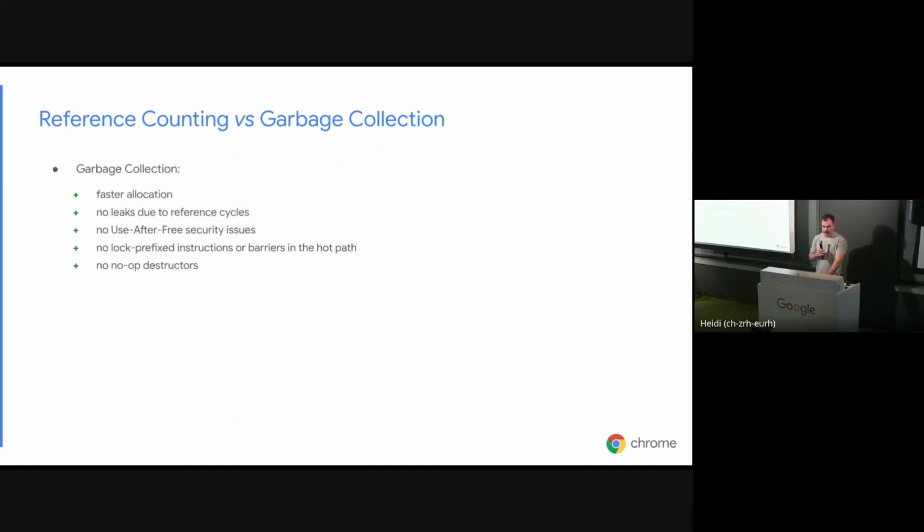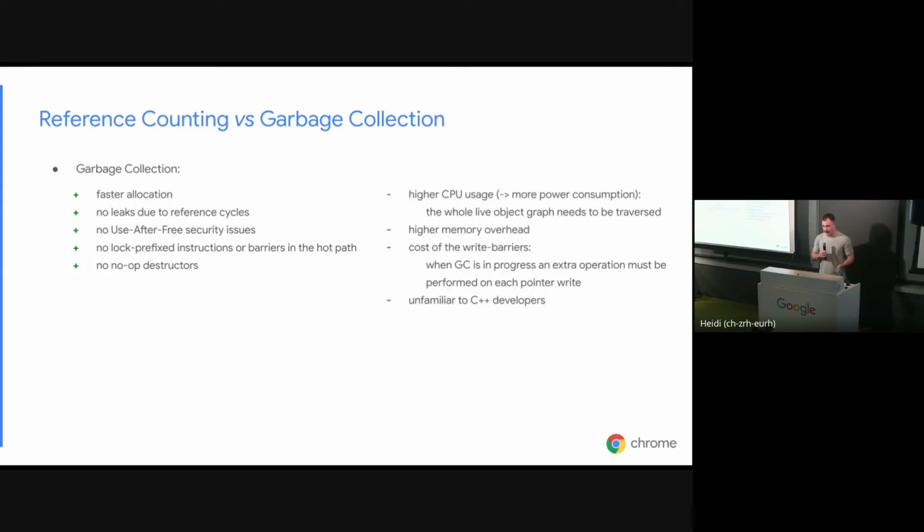And this is a tricky question. If you look at the pros of garbage collection, we have fast allocation, no leaks due to reference cycles, no use after free security issues, and this is really, really important for Chrome. No lock-prefixed instructions, so no barriers in the hot path, and no virtual destructors, of course. There are, of course, cons. For example, we have higher CPU usage, which results in more power consumption, right?